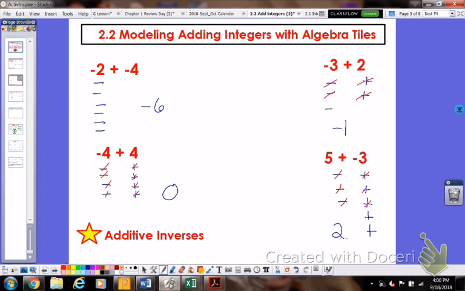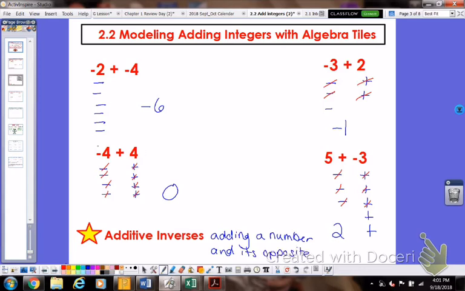Now you see the star down here, our additive inverse. That is one of our vocab words. So additive inverse is where we are adding a number and its opposite.